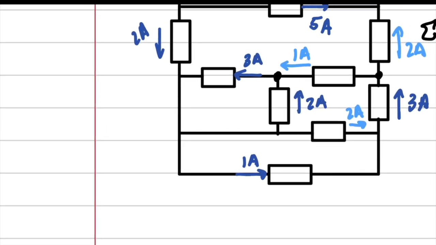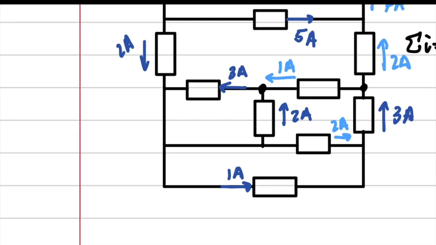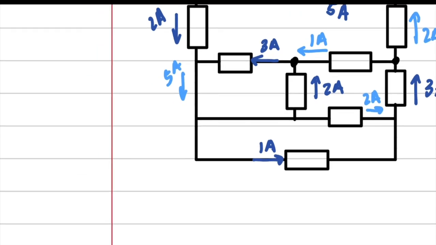We have 1 amp here, 1 amp right here, and then we have these guys coming into this node right here. So we are going to get 5 amps here. Now we can solve this guy right here. We have 5 split up into 1 amp and 4 amps.